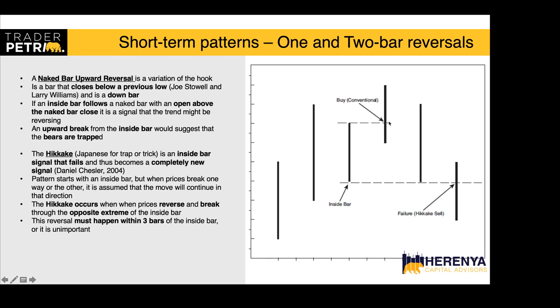That could be a fairly safe buy signal. The following day it fails, and then the following day you see it take out the lower extreme of the inside bar, and that is then called the Hikkake, and you could then sell it there. What is very important to keep in mind is that this must happen within 3 bars. Otherwise, it is not a Hikkake or sell, and the formation is null and void.